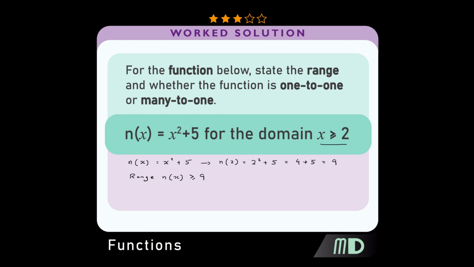However, this question specifies that the domain is for values of x greater than or equal to 2. That restriction means that the domain exists on one side of the vertex, where the output values are only increasing.